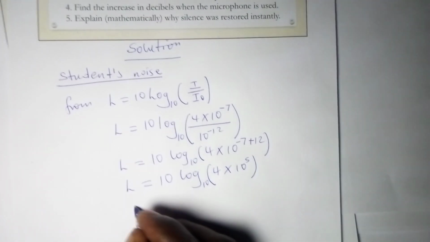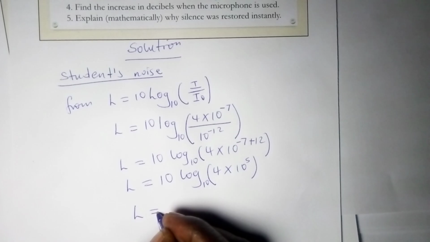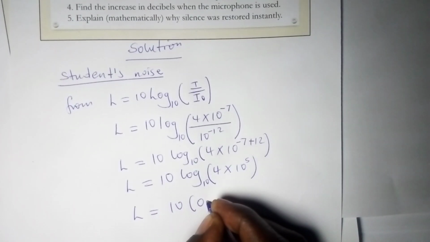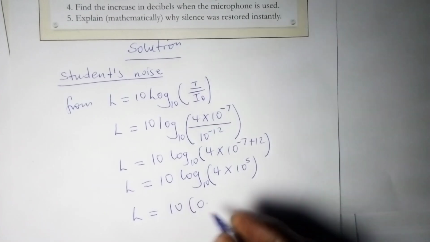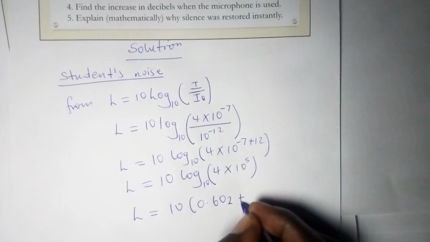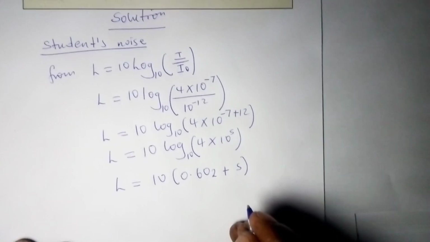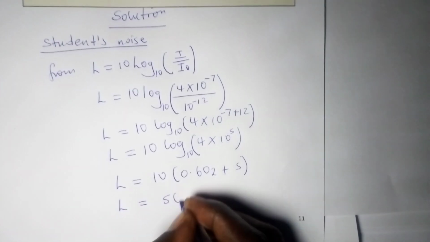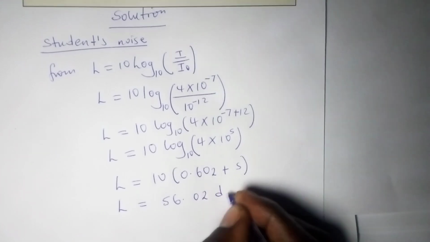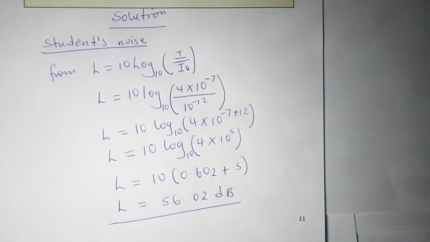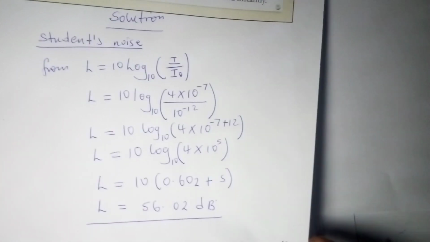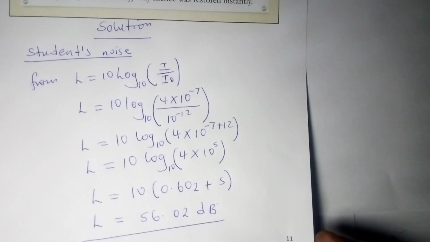So it will reduce to 10 times (0.602 plus 5). And this one will give us the level of sound as 56.02 decibels. So that is the noise which was coming from the students. That is the sound level.